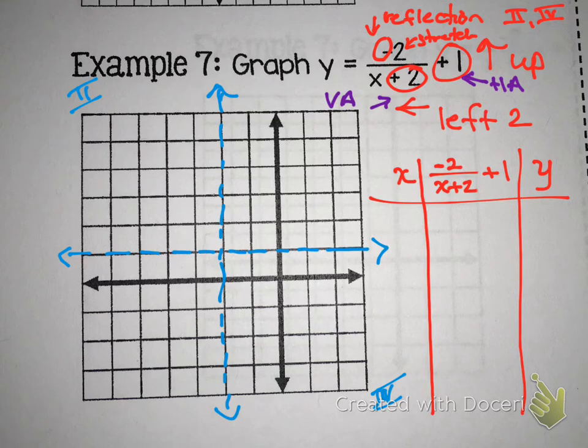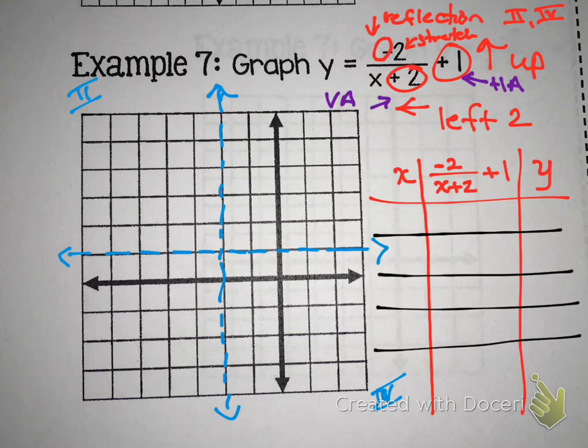And let's see, we want to plot some of these points. What would be nice numbers to use here? We can actually use a 0. I don't know if that's going to help us a lot, but we'll try it. If we use -1, you're going to have -2 over -1 plus 2, so that's going to give you a positive 1 in the denominator, so -2 plus 1 is going to be -1.